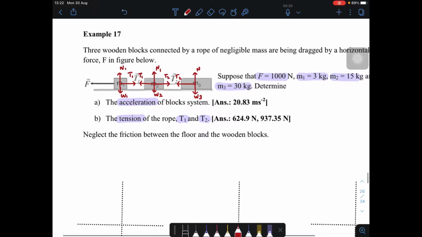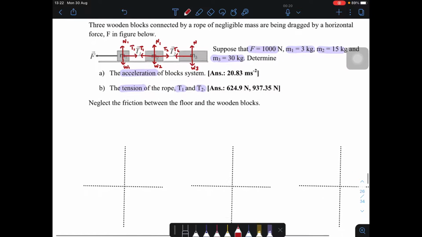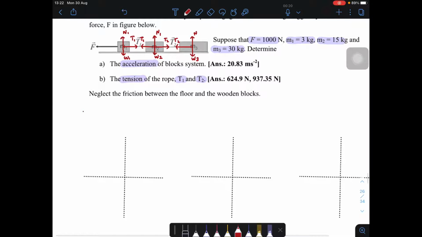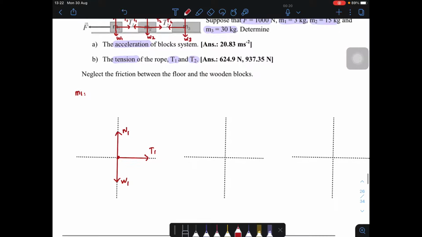Okay. So now what we want is to draw the FBD. So this one is M1. So M1 going to the right is T1, upward is N1, and downward is W1.